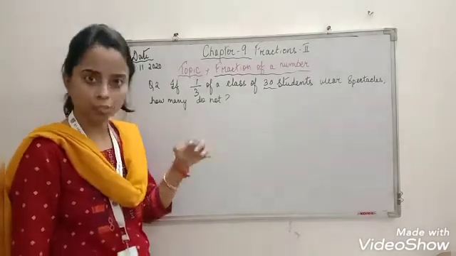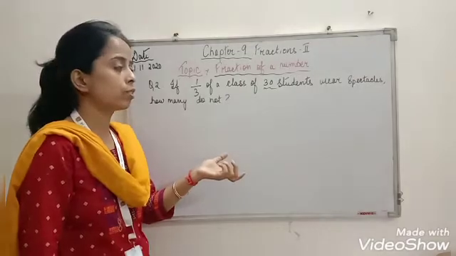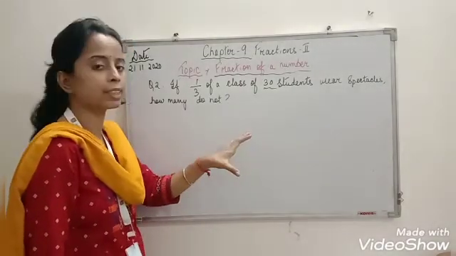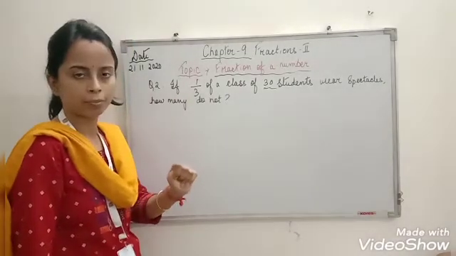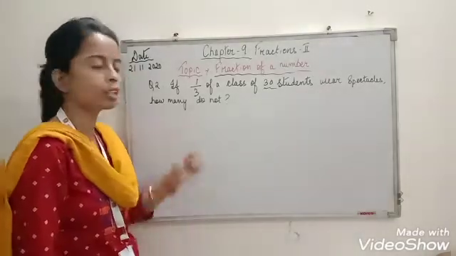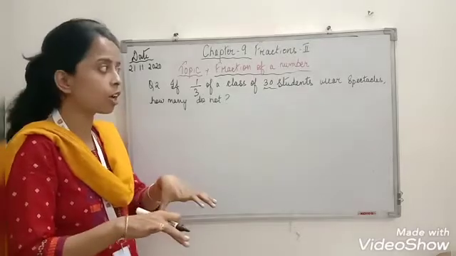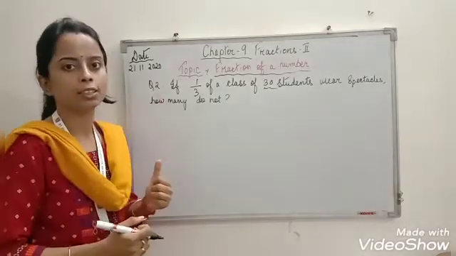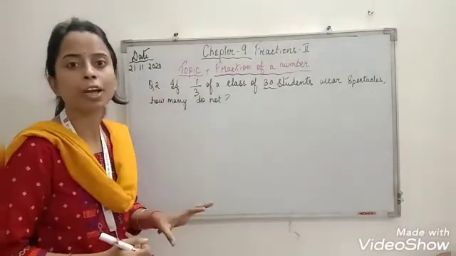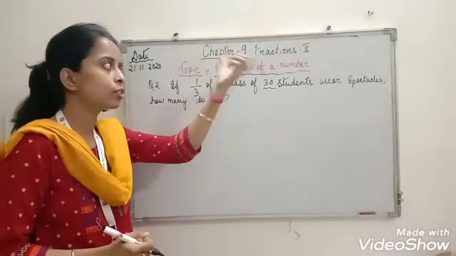What fraction of 30 students wear spectacles? 1/3. Now the question is asking what? How many do not wear spectacles? So how are you going to find out? So same concept.